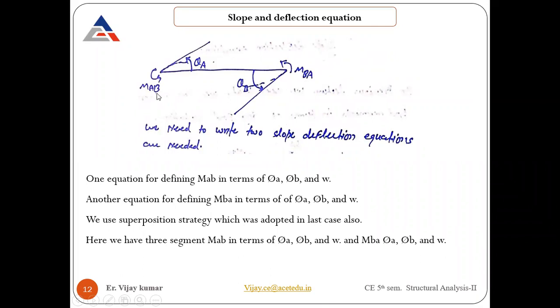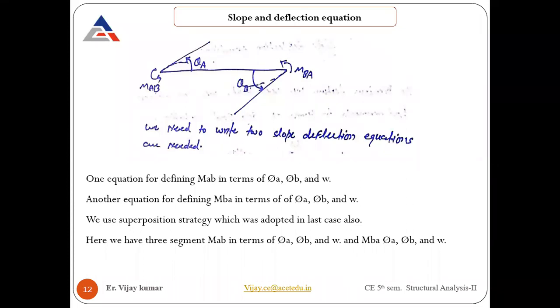For this particular case, we need to write two slope deflection equations. MAB in terms of theta A, theta B, and one addition will come, in the form of loading. In the previous case, I hope everybody knows the set of equations was two only, relating MAB to theta A and theta B, because there was no load.